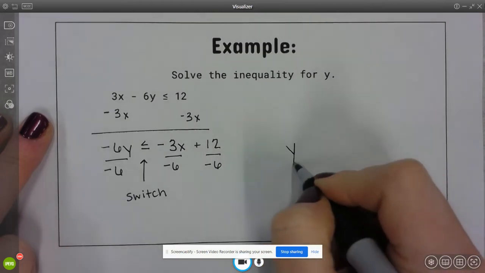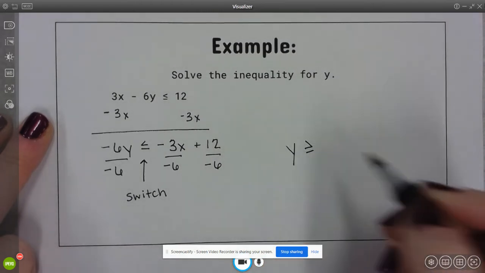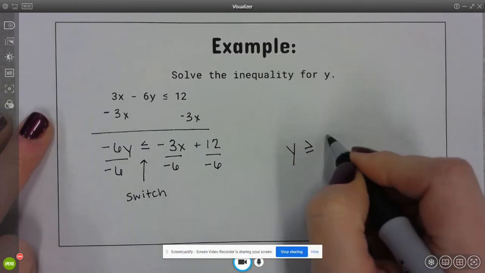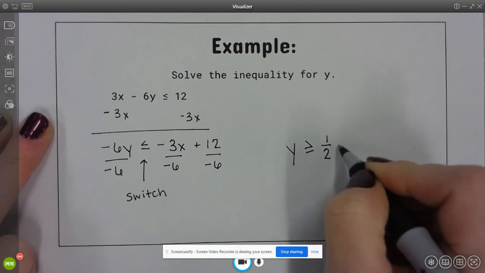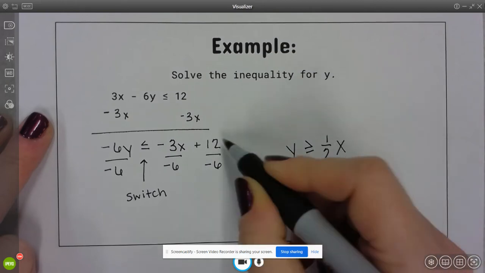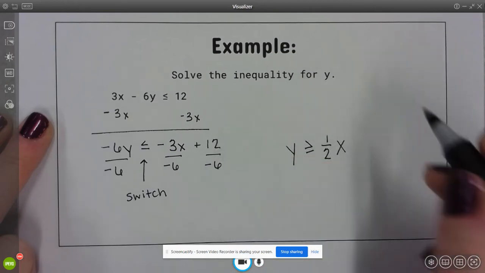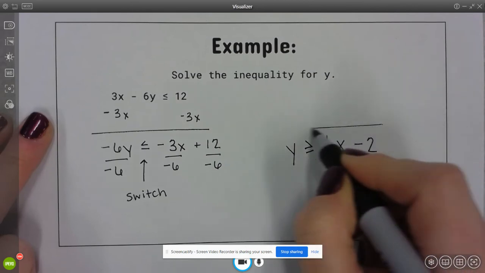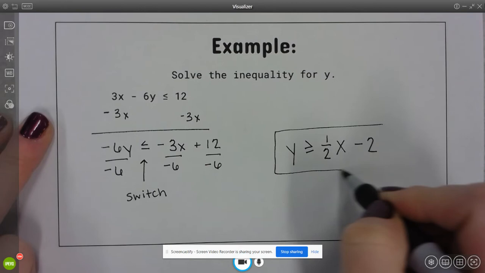So I'm going to see y being greater than or equal to negative 3 over negative 6 is 1/2. That fraction will simplify. And then 12 divided by negative 6 is going to give me negative 2. So this would be the slope-intercept form of this inequality.